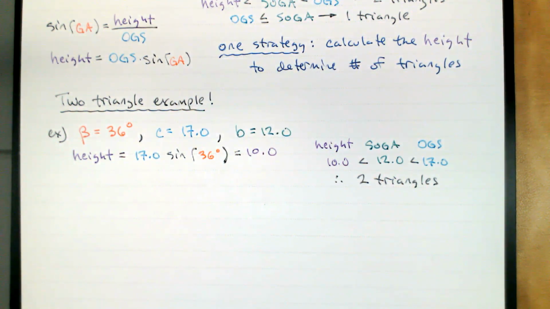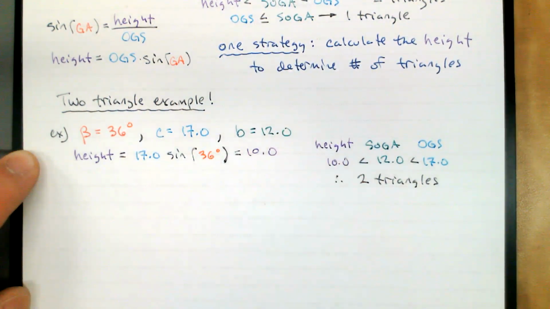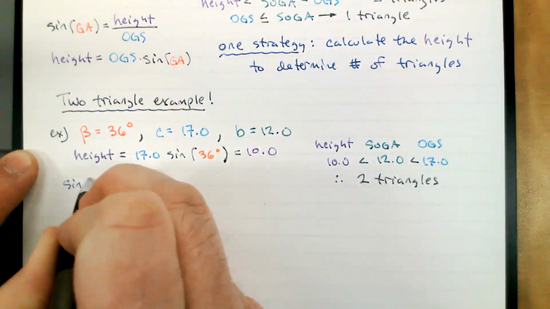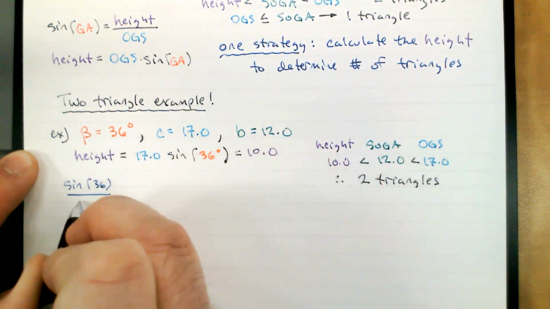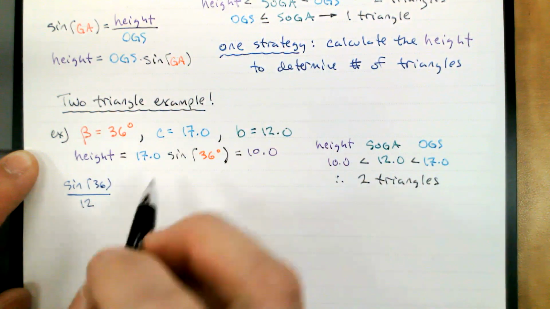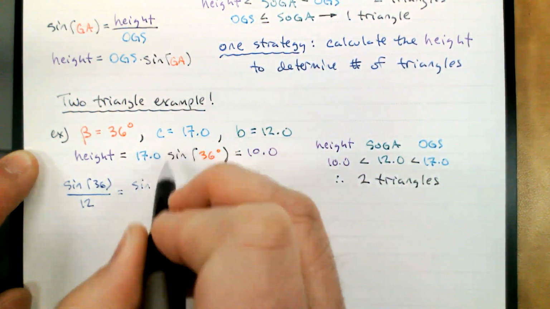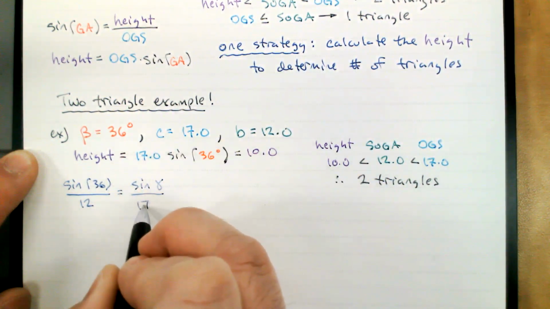Let's start by finding the first thing that we have to find. I have an opposite pair, so I'm going to use the law of sines. So I'll say the sine of 36 over b, or 12, sine of beta over 12 is equal to the sine of gamma over c.